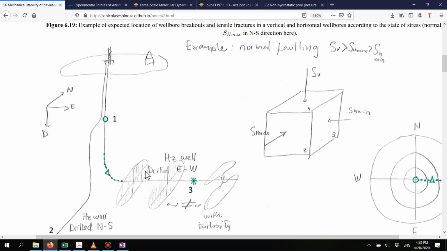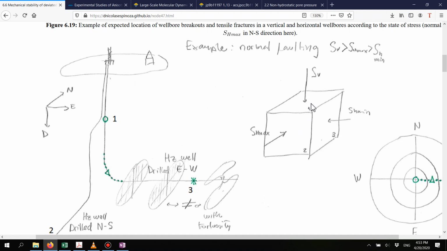We're going to start analyzing what is the stability of the vertical and horizontal sections. And for this particular example, I have assumed also that we are under normal faulting conditions, and the orientation of the minimum principal horizontal stress goes in direction east-west, as you can see in this schematic. So let us first take a look at what would happen with a vertical wellbore.